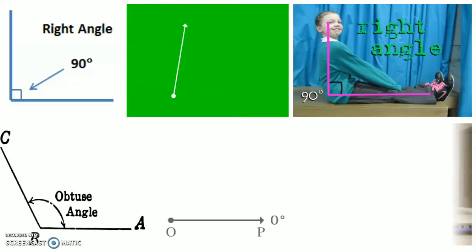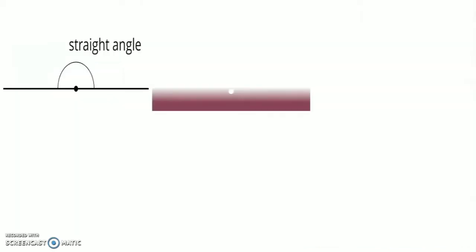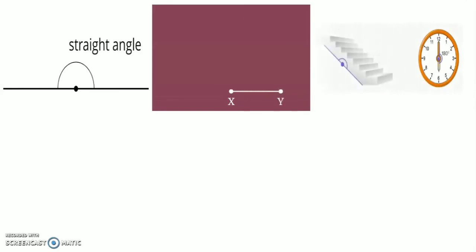Next is the obtuse angle, an angle greater than 90 degrees but less than 180 degrees. Then we have the straight angle, which measures 180 degrees.